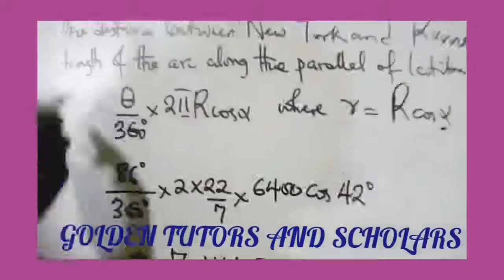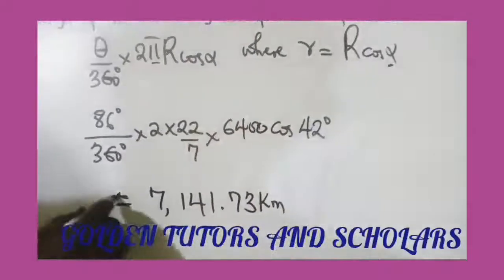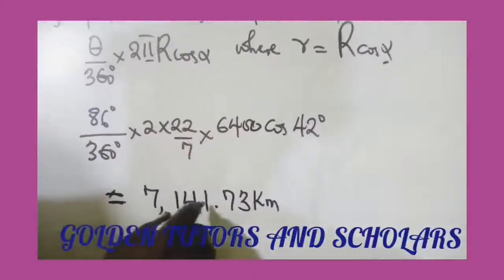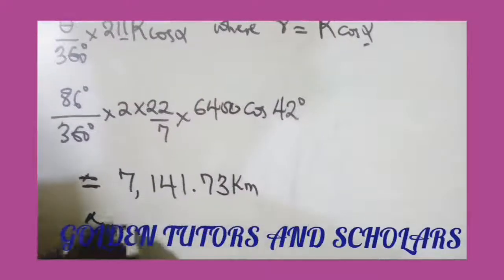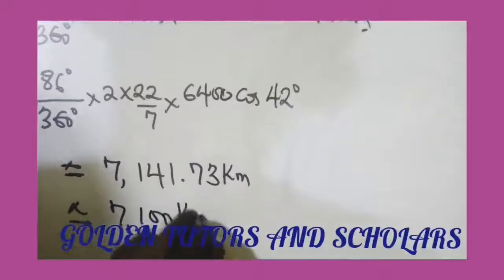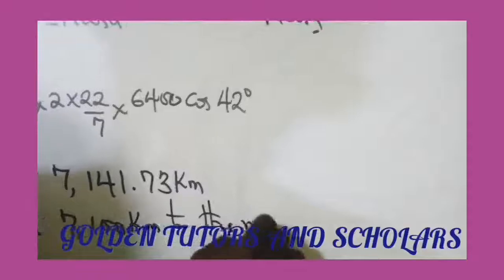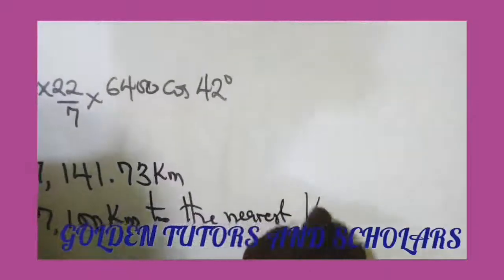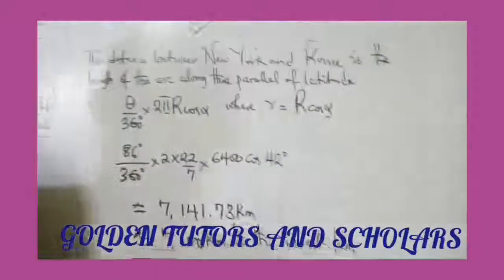If we go ahead calculating this distance, our value will be 7,141.73 kilometers, which is approximately 7,100 kilometers to the nearest kilometer. So we've been able to calculate the distance.